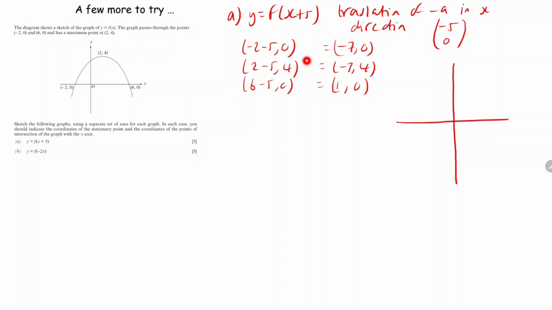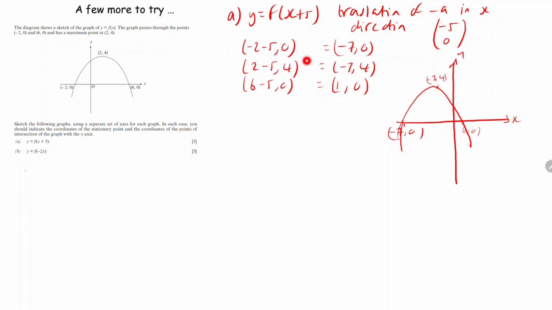And we can now plot these. X and y. Minus 7, 0. Minus 3 and 4. And then 1, 0. And our graph is going to do something like this. Come down through.